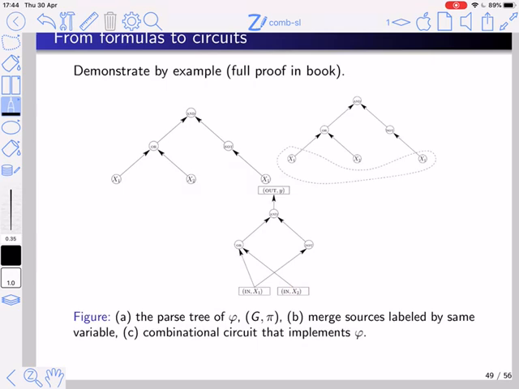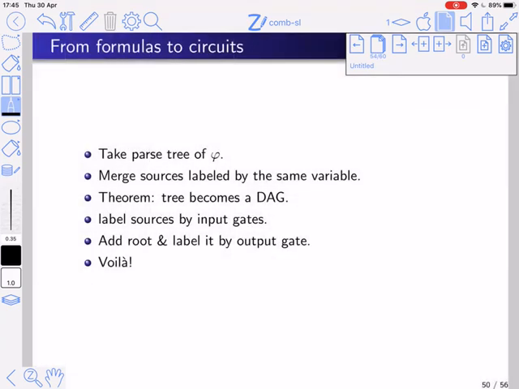You replace x2 with an input gate called in of x2, and you connect it to whatever you need to connect it to. And now you take the root and you connect it to an output gate, which is called out of y. Great. So now we have a combinational circuit which implements the same thing that this formula implements. And this formula was meant to implement some Boolean function we're interested in.